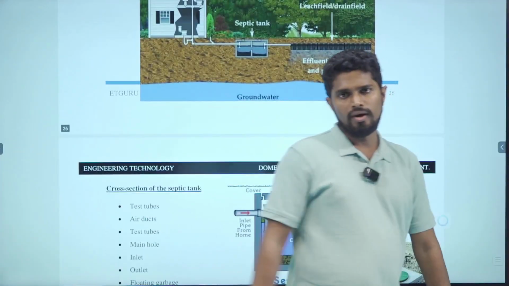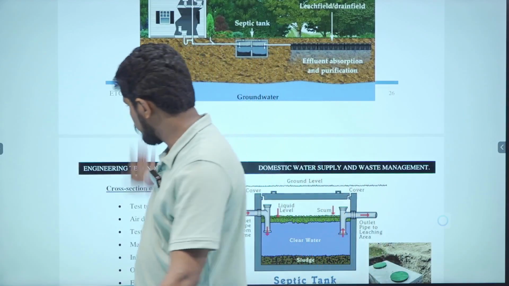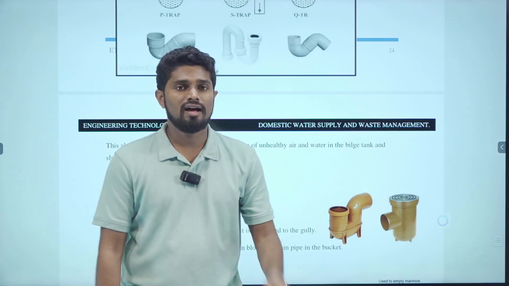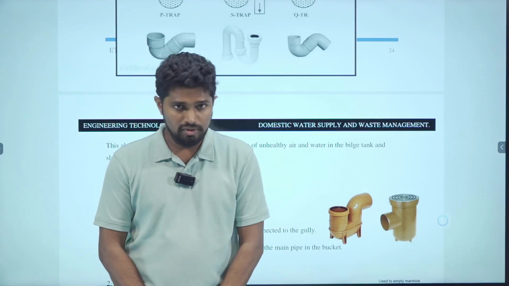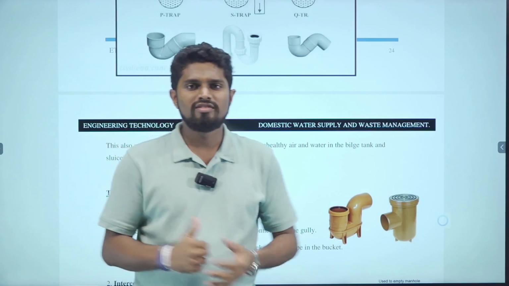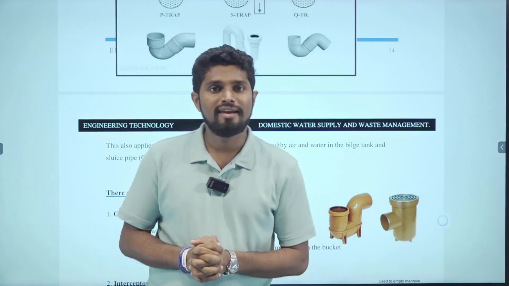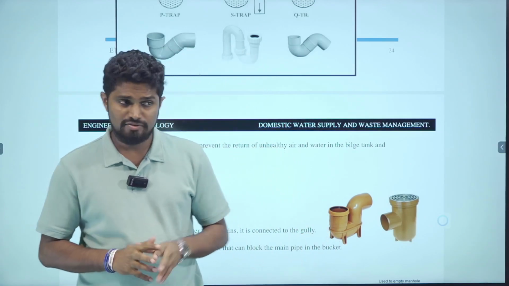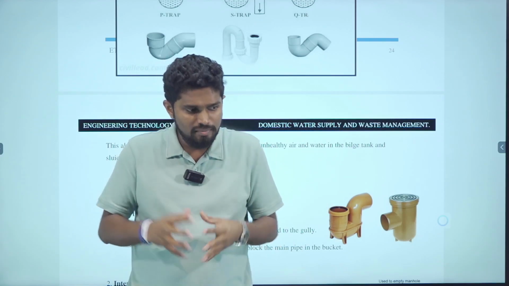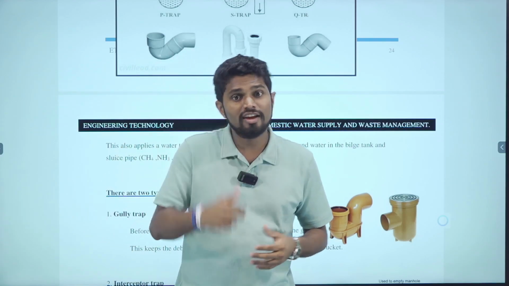Now we are going to find what questions and what parts were asked from this part. Mainly, 4 questions were asked from this domestic water supply and waste management lesson. In the second part, they ask 2 essay questions.